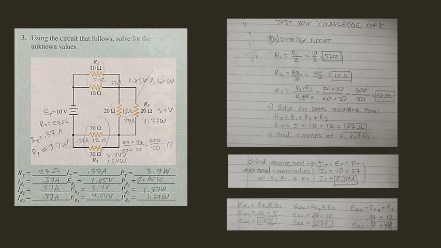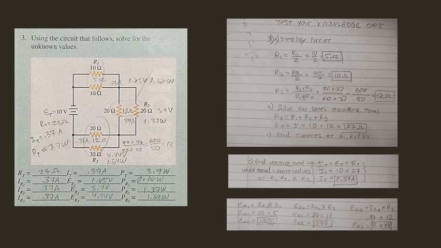So for that, we use the Ohm's law formula: current total equals voltage total divided by resistance total. We know our voltage total is given to us as 10 volts, so we divide that by our resistance total that we just found, 27 ohms, and that gives us 0.37 amps, which is our current total.